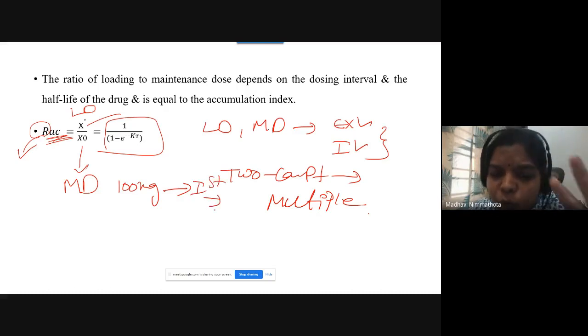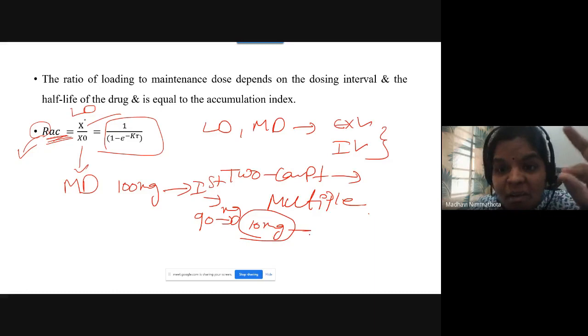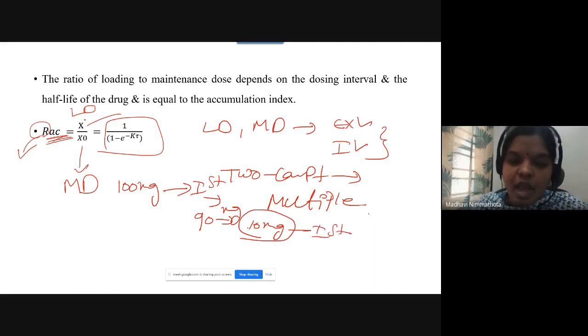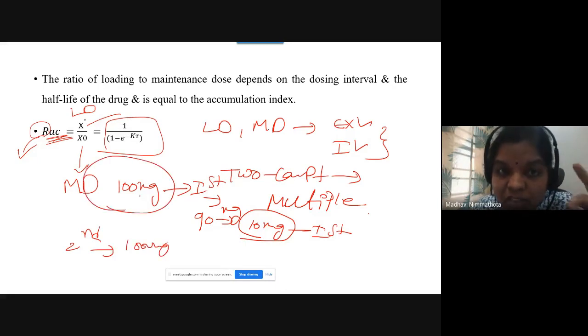Only 90 mg is absorbed and 10 mg is left. That means 10 mg will remain from the first dose. And for the second dose, again you have to take 100 mg. Why? Because the doctor prescribed that every time you have to take 100 mg.